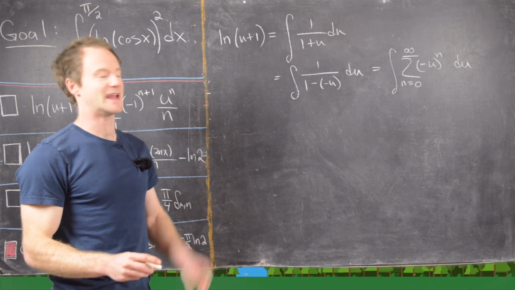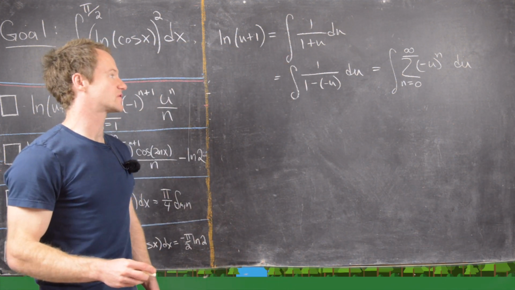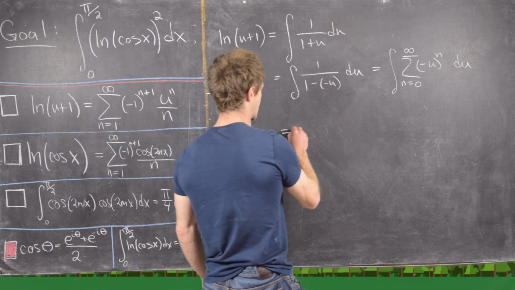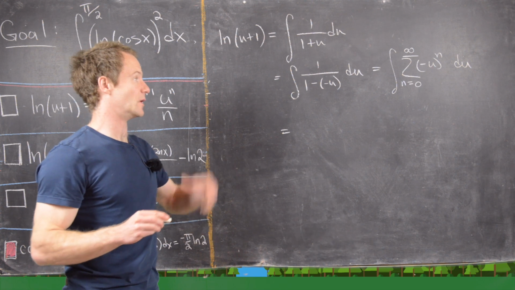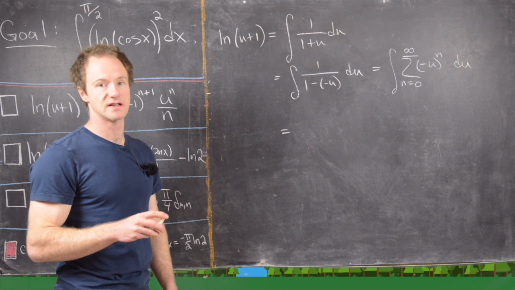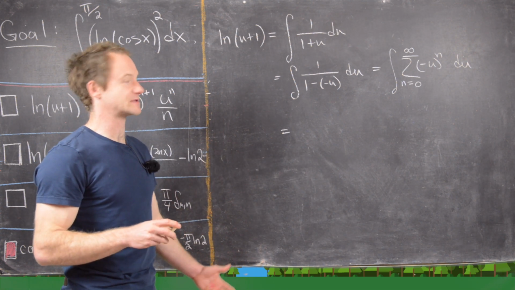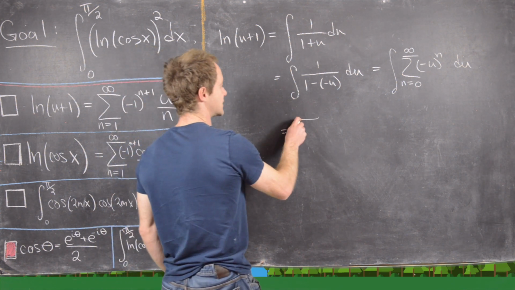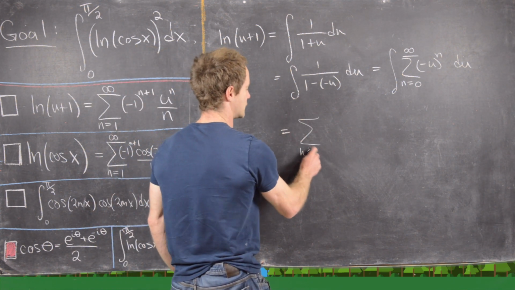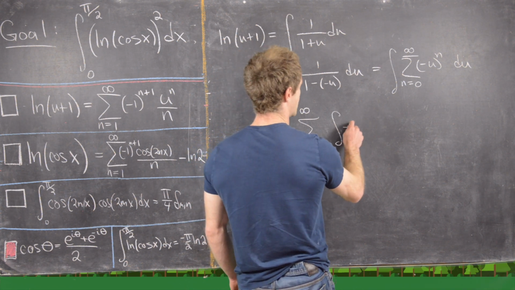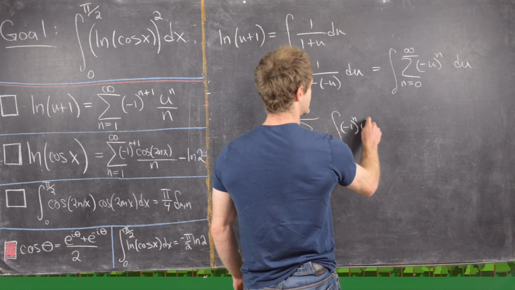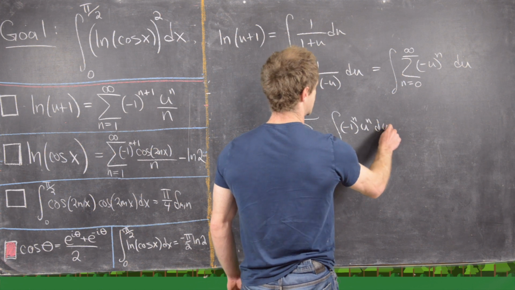Okay, so now we're going to exchange the integral and the sum, and we're going to do that without really worrying about convergence, because in the region that we are dealing with, we have absolute convergence. So this is going to turn into the sum n equals 0 to infinity of the antiderivative of minus 1 to the n u to the n du.